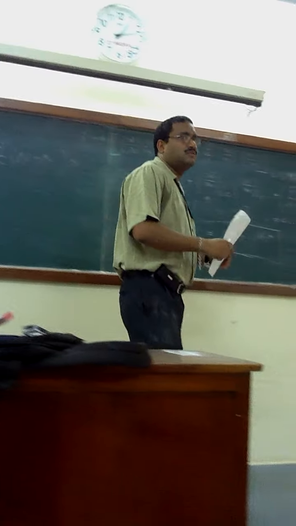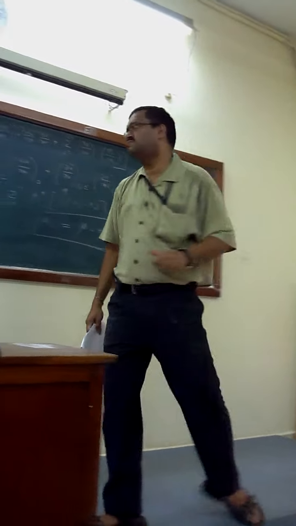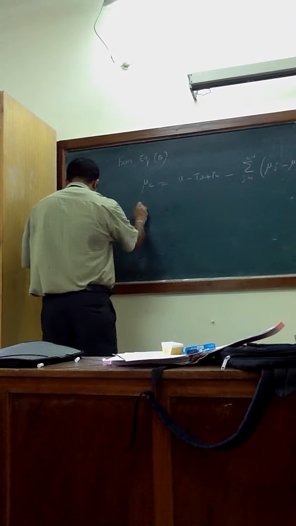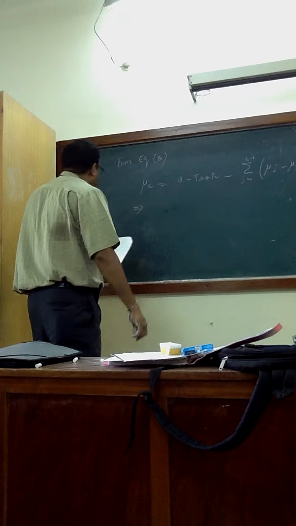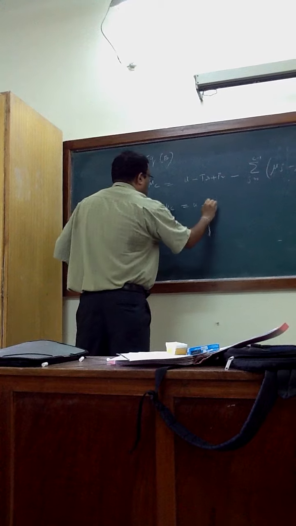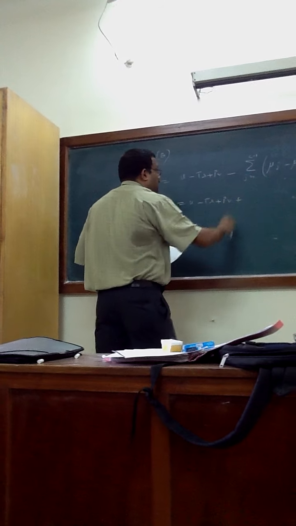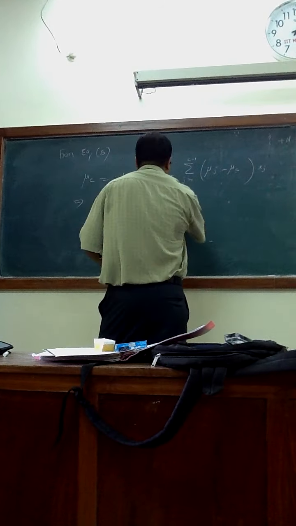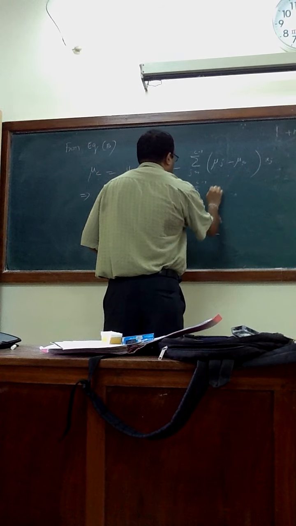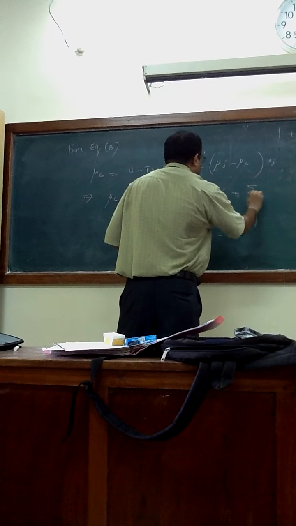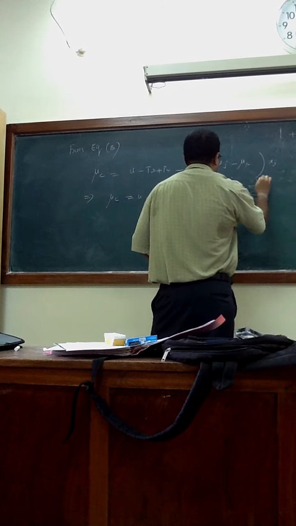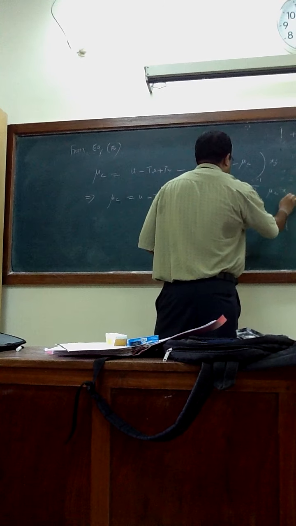Am I correct? Yes. Okay. U minus Ts plus PV minus summation j equals 1 to C minus 1 mu j xj plus summation j equals 1 to C minus 1 mu C xj.